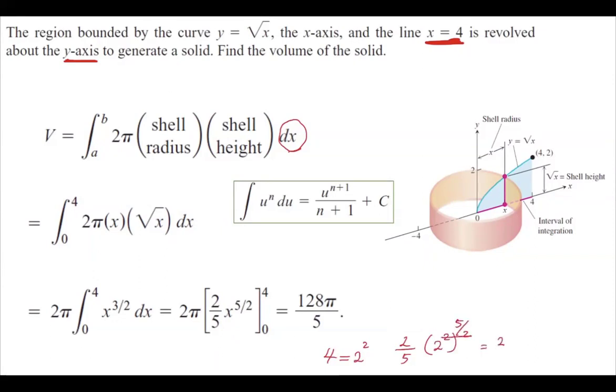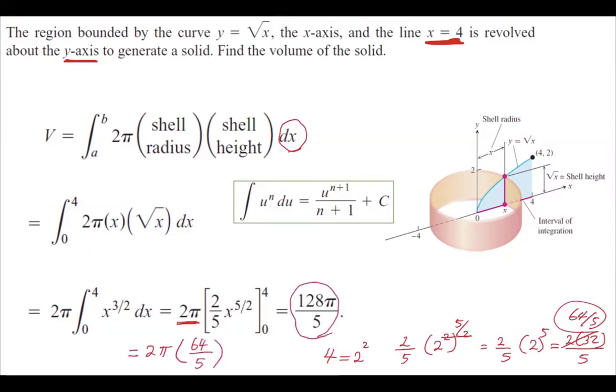So you basically have 2/5 times 2 to the power 5, or 32, times 2 divided by 5, which is 64 over 5. But please note that you have a 2 pi in front of it. So 2 pi times 64 divided by 5 gives you 128 pi divided by 5.